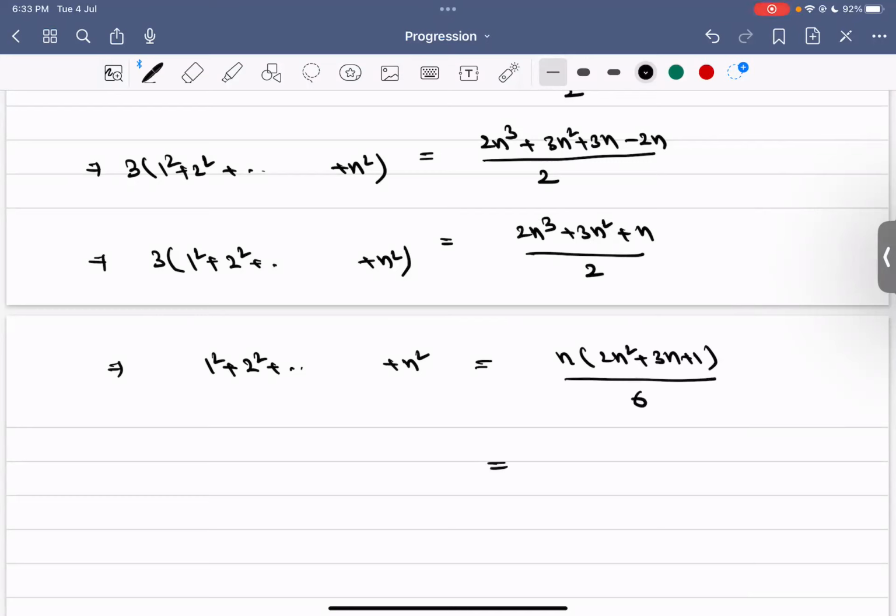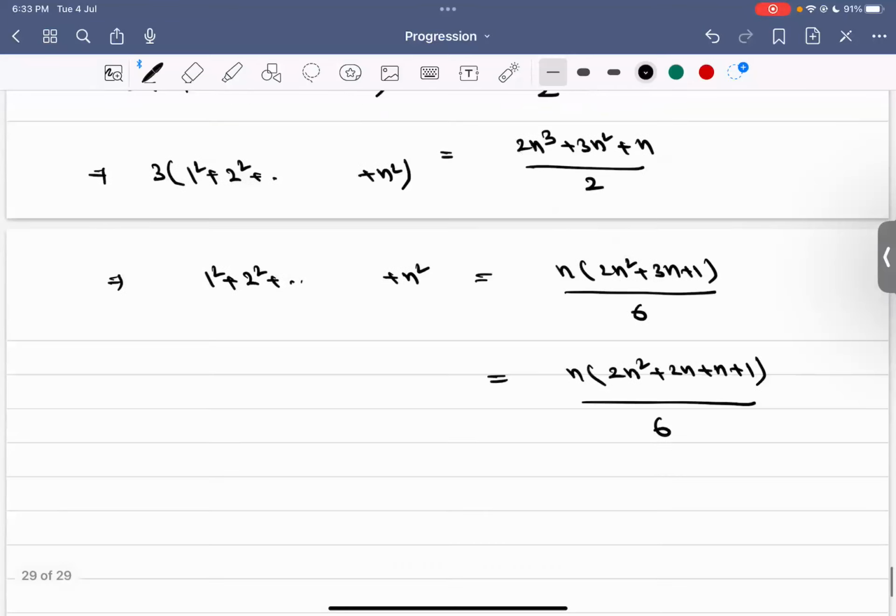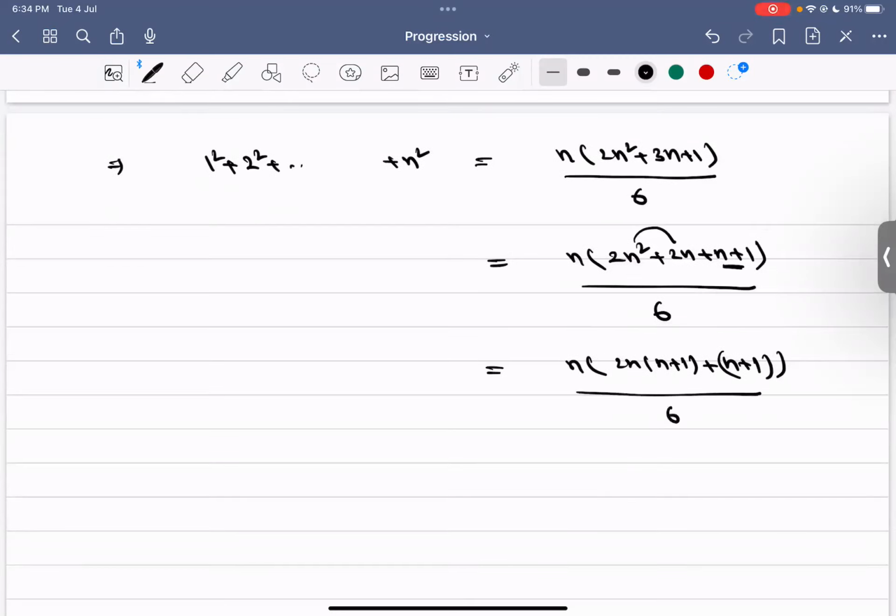Now this is equal to n into, you factorize the term inside the bracket. That is 2n square. You can write 3n as 2n plus n, plus 1 by 6. Which is equal to n into, from these two terms you take out 2n common, 2n into n plus 1, plus n plus 1, by 6.